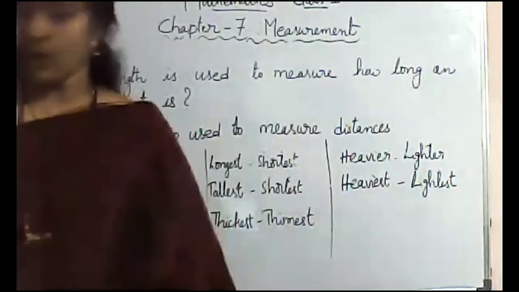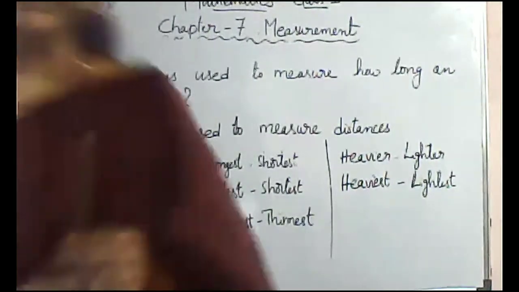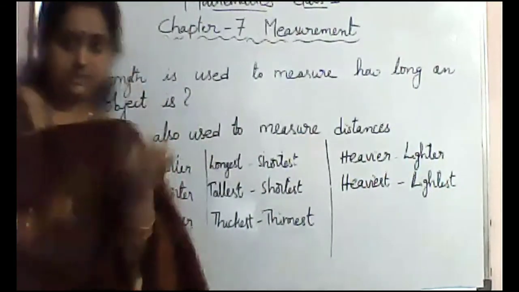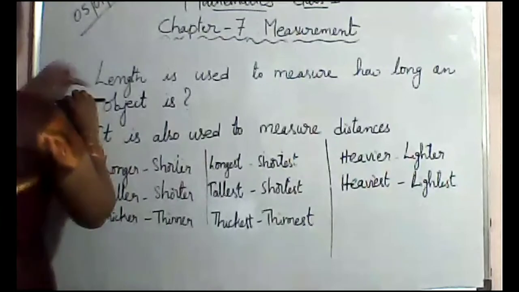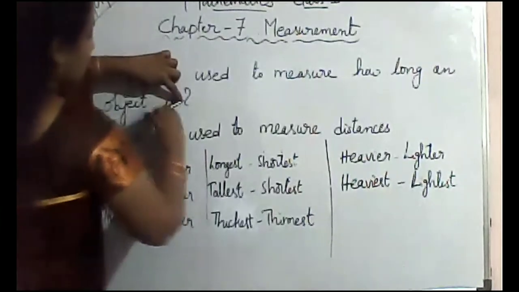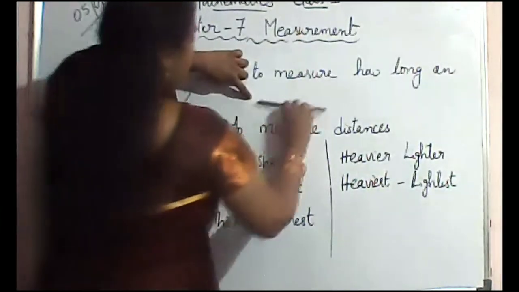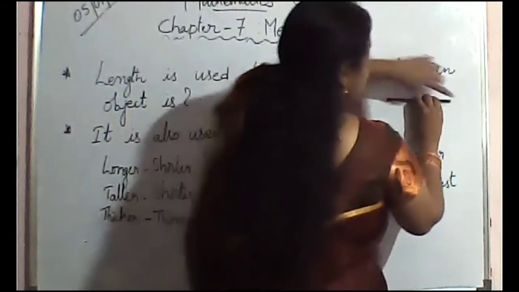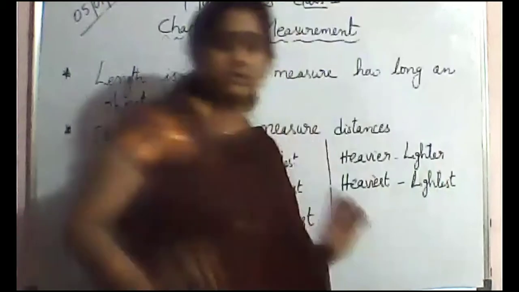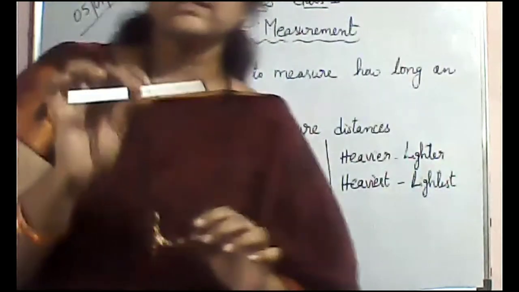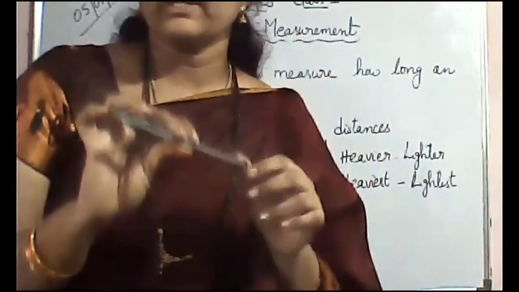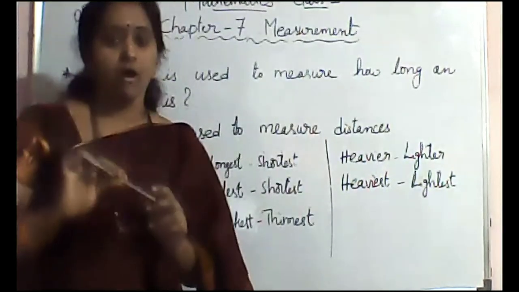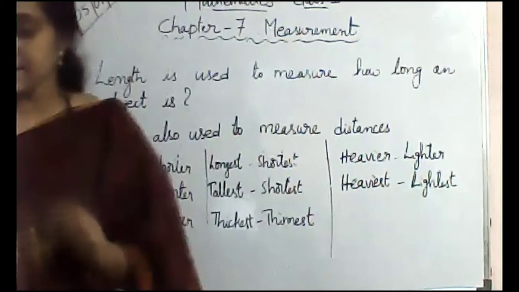Okay children. Now here I am going to measure this blackboard using this pencil. So from here 1, 2, 3, 4, 5, 6, 6.5. So our blackboard is 6.5 pencils long.